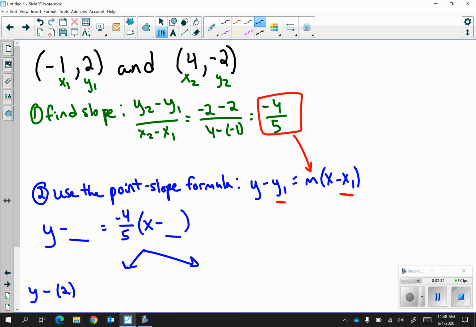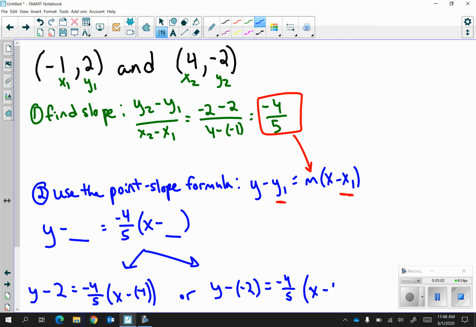There we go, y minus 2, and you don't need the parentheses technically. You wouldn't be wrong to leave them though, is equal to negative 4/5 times x minus negative 1. There you go, that is one answer. Or you can use the other one, which would be y minus negative 2 equals negative 4/5 x minus 4. And there you go.